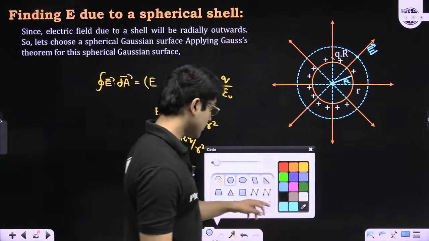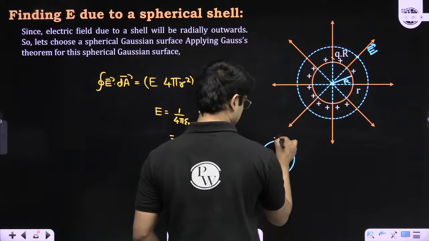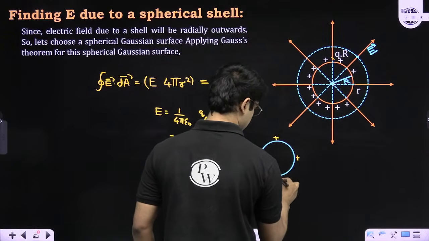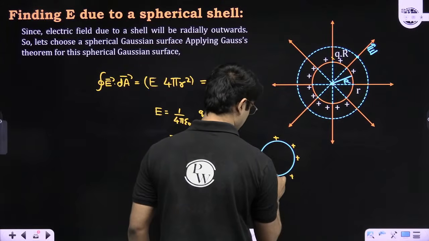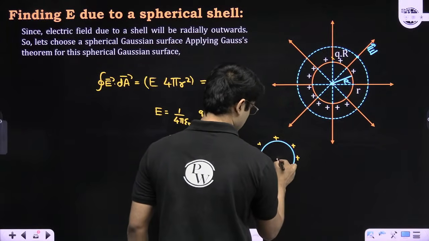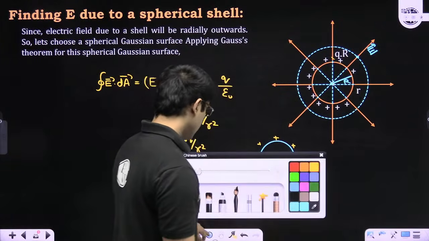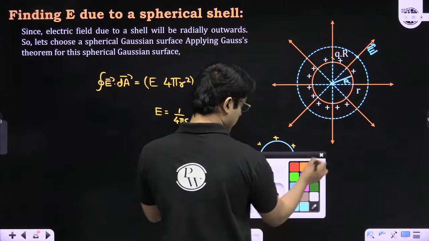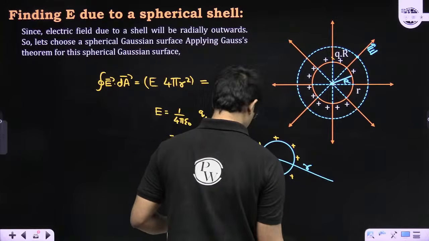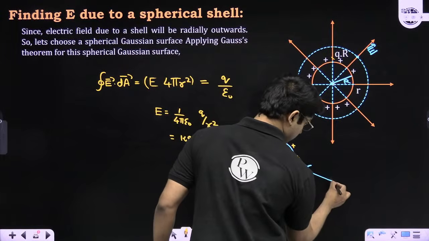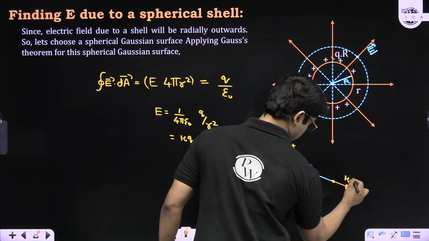So if you have a uniformly charged sphere, where charge is uniformly spread on the surface of the sphere, and the center is at point O, then if you want the field at some point outside, the result is the same as that of a point charge, which is kq by r square.